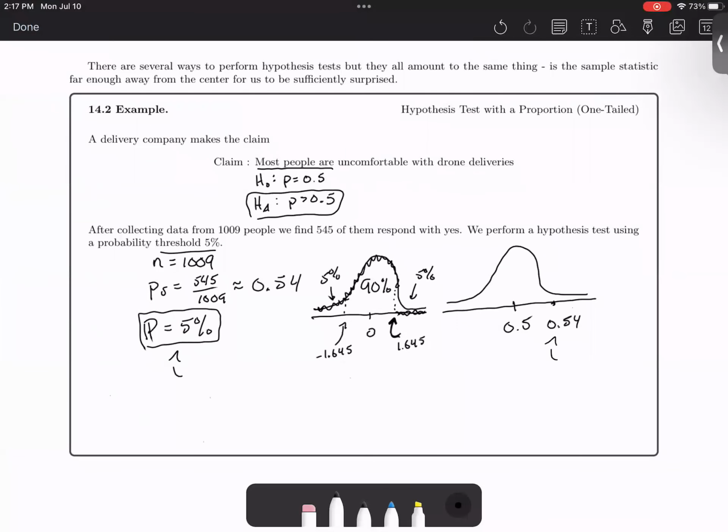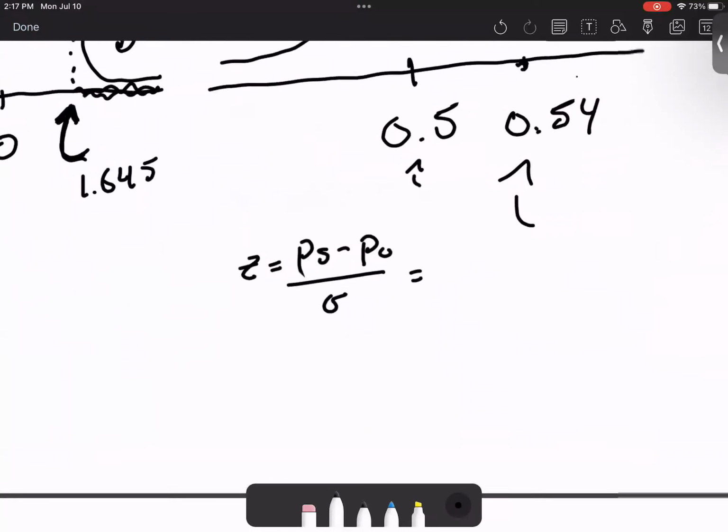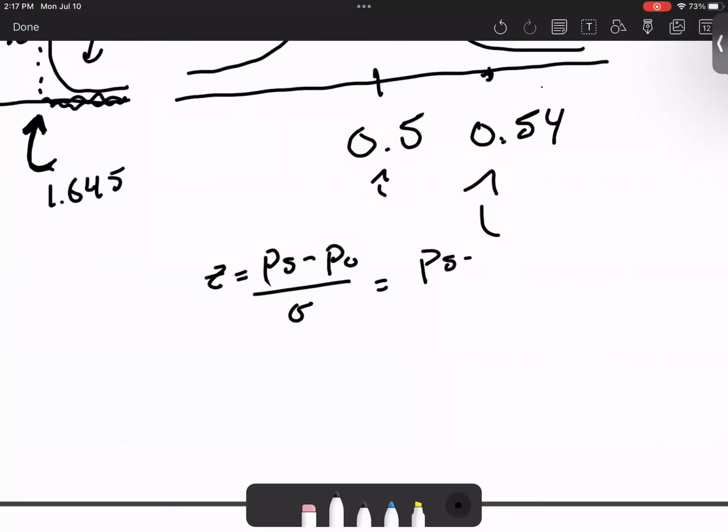So where's our point, 0.54? We need to find a z-score. Remember, your z-score equation is your point of interest, our sample proportion, minus the center of the curve, that 0.5 right there, divided by the standard deviation. Now, what standard deviation should we use?